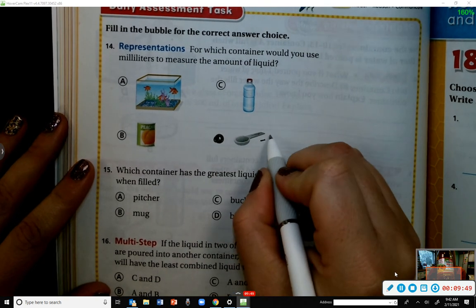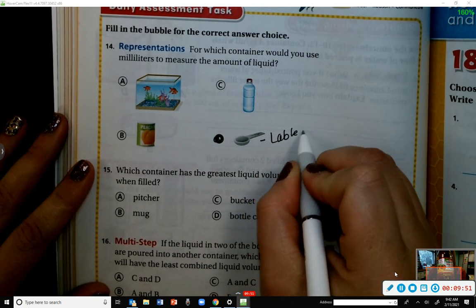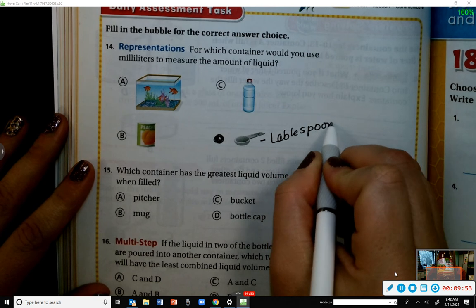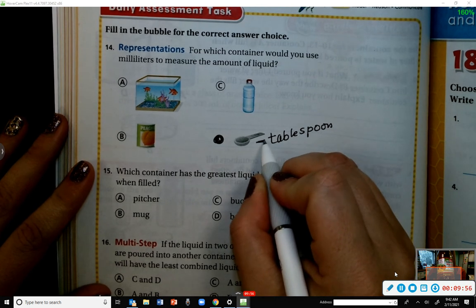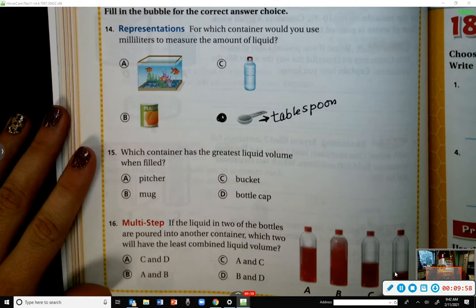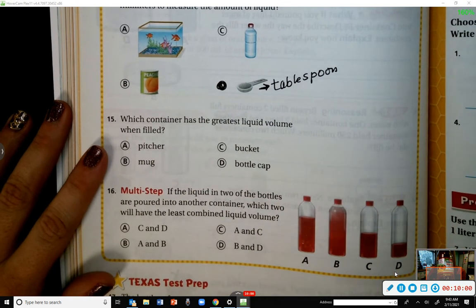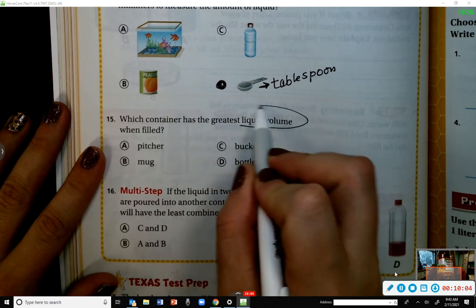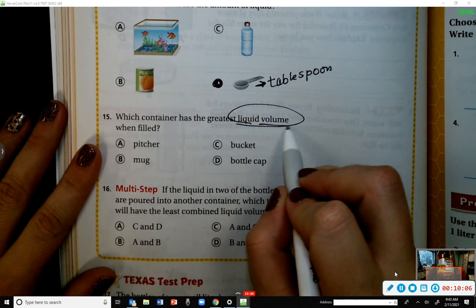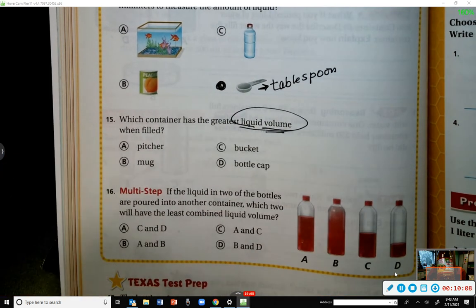This is called a tablespoon. Okay. Number 15, which container has the greatest liquid volume? So there's those words again. You need to know that when they say volume, it has to do with liquid.